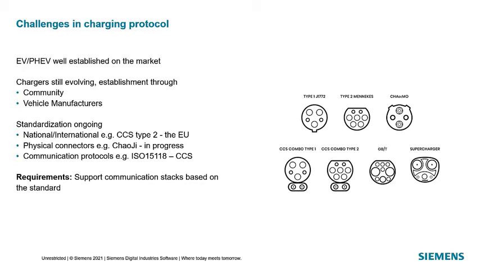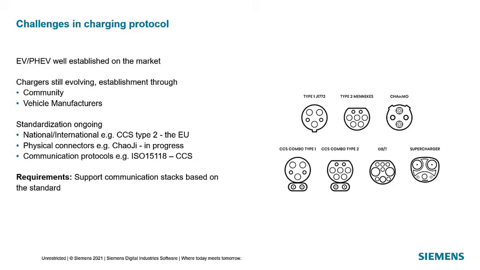Superchargers, developed and used by Tesla, also known as Tesla Superchargers, can be used for both AC and DC charging. Multiple standardizations are ongoing at national and international levels. For example, CCS Type 2 across the EU.